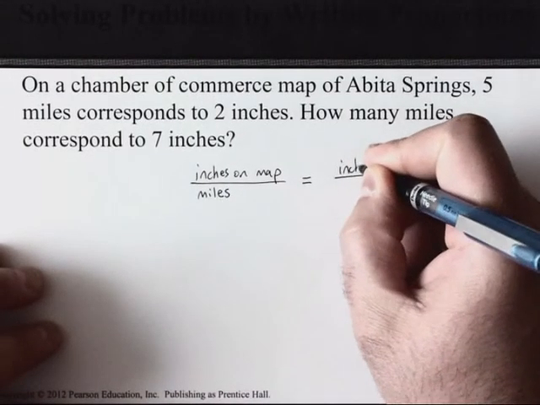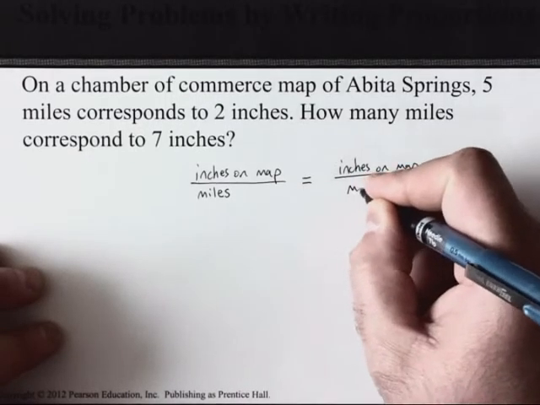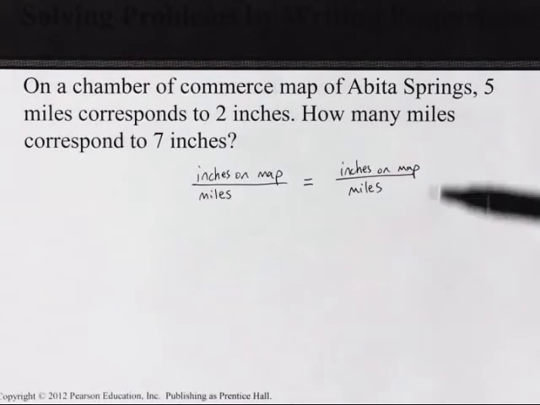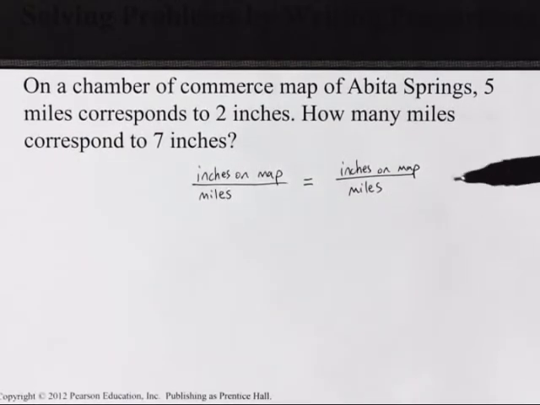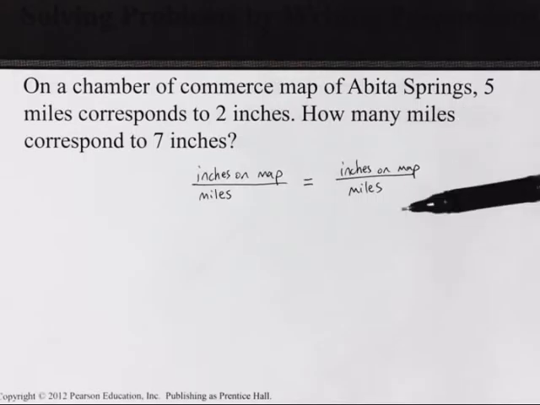And I want to make sure that I'm consistent here in writing this proportion, so that when I write the ratio on the left hand side, inches on the map is the numerator, miles is the denominator, and then when I also write the ratio on the other side, it's consistent, and inches on the map is the numerator, miles is the denominator.